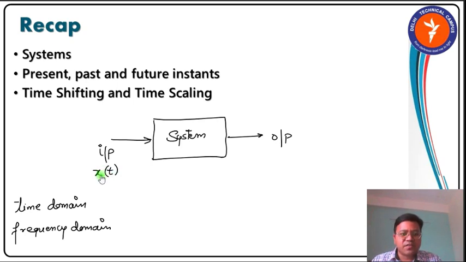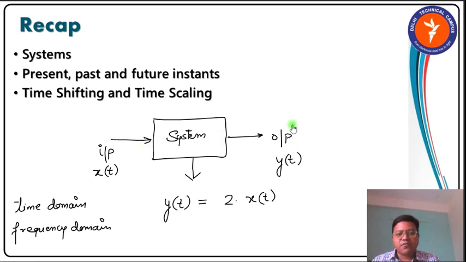Say in the input we have a signal x(t), and in the output we have a function y(t). Now this system can also be represented mathematically. Say the system is represented by the equation y(t) = 2x(t). It means that whatever input is fed into the system, it will scale that input and provide it to the output. So this is the mathematical representation of a system, and this is the graphical representation of a system.